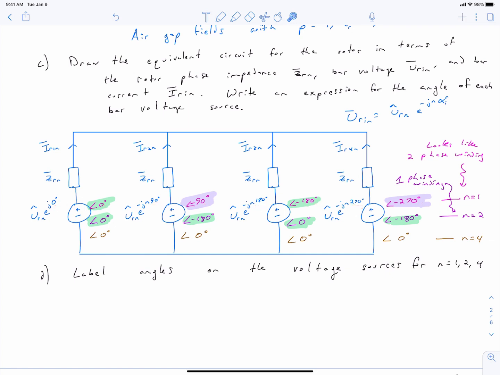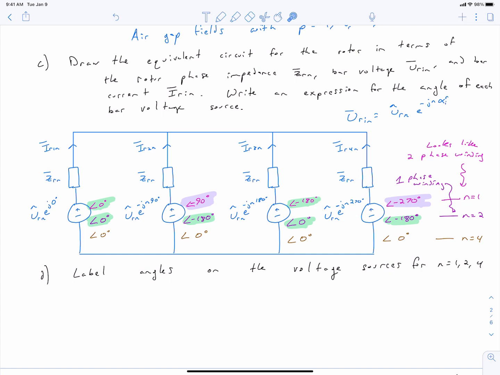And I've color-coded bars 1 and 3 in this case because you see that they are 180 degrees out of phase. So bars 1 and 3 look like they belong to the same coil, but are just two coil sides on opposite ends of the coil. So if coil side 1 is at 0 degrees, coil side 3 is at negative 180 degrees, that looks like a single full pitch coil.